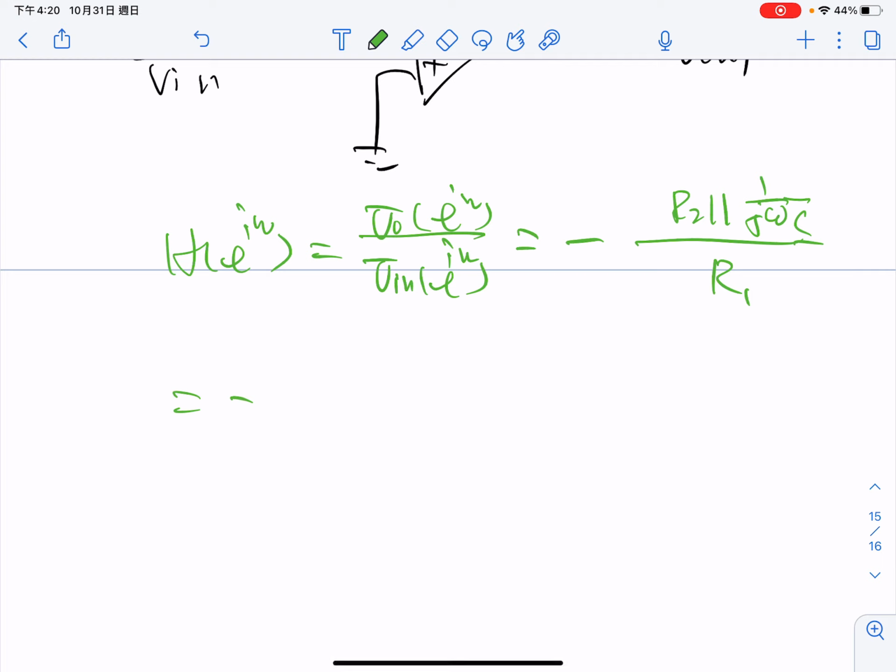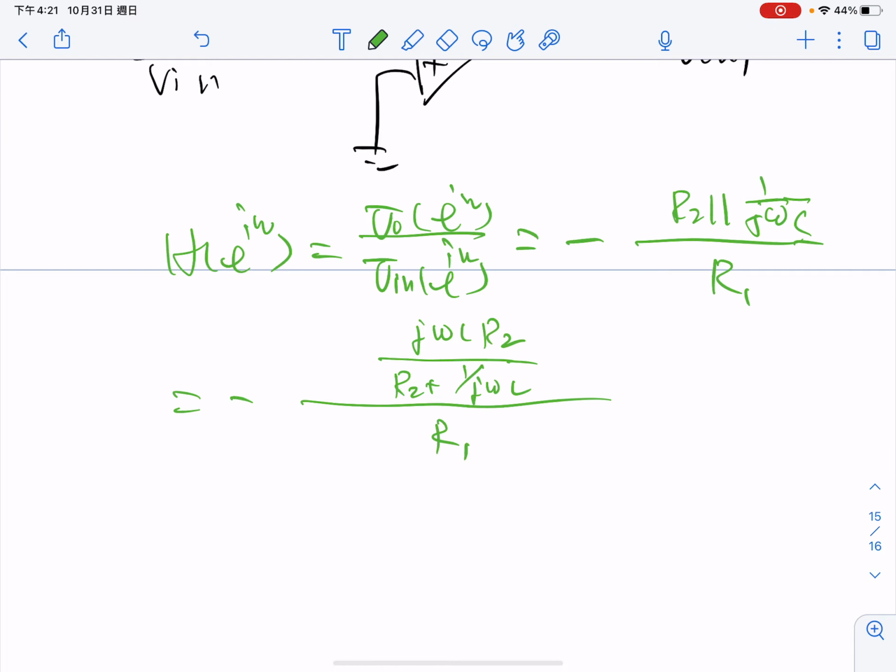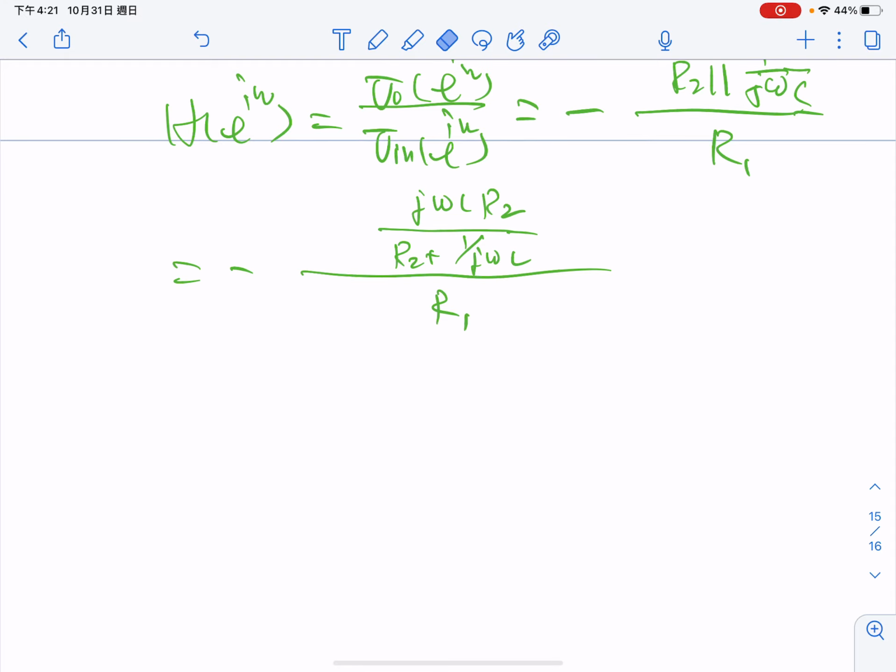And this one becomes R2 plus 1 over j omega C, and the j omega C R2, right? And this one will be the R1. So let's make this one.